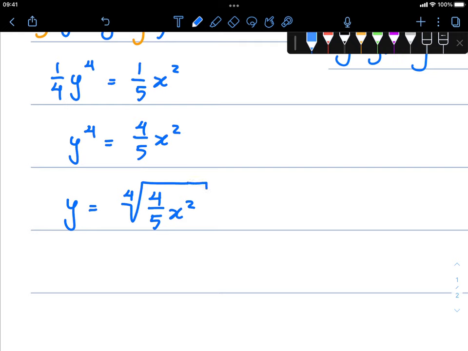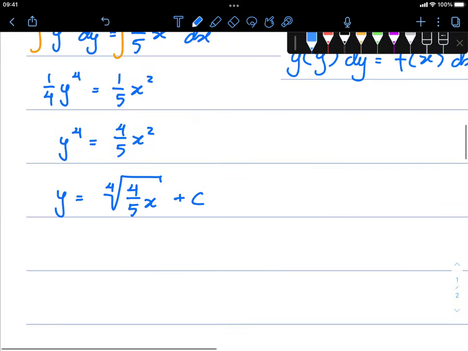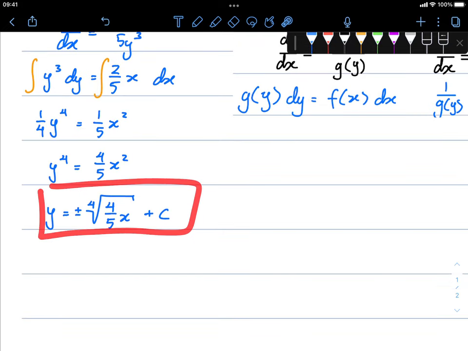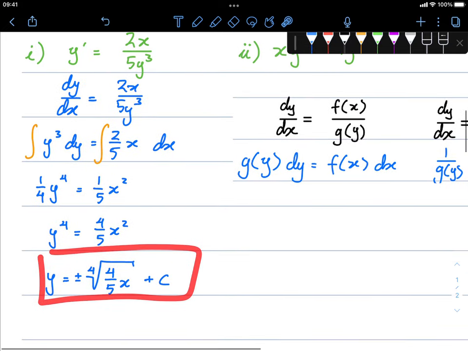And once again, we can place the plus c on the inside, like this, or plus c on the outside, like this. Oh, and I forgot the plus minus, because this is actually not a function, this is a relation.